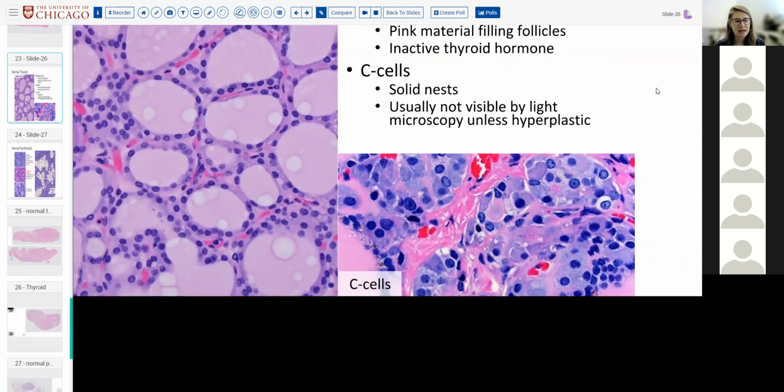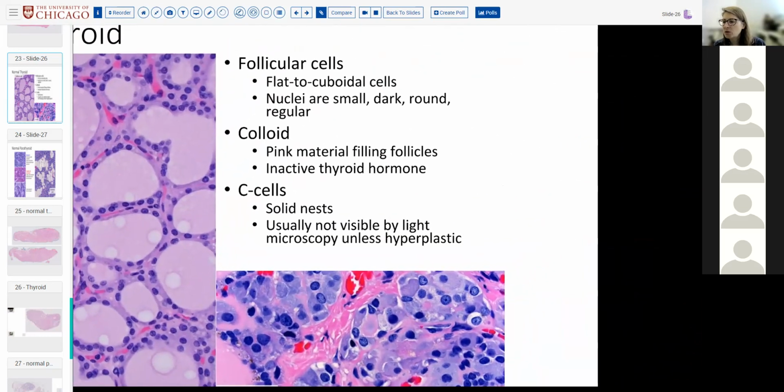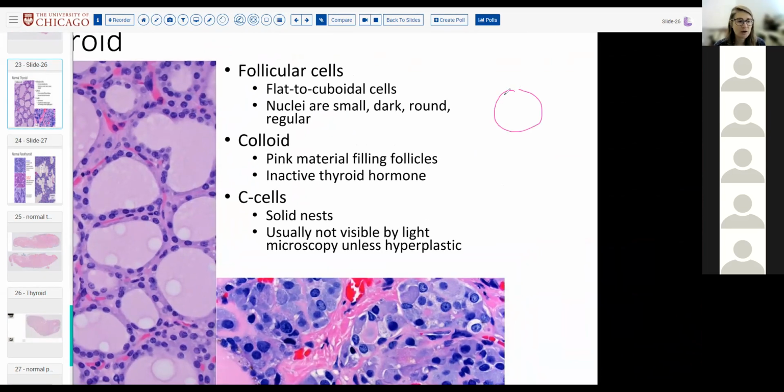All right, I'm going to draw something real quick. So sometimes you may see C cells, if you're lucky, present in a nice little cluster and you don't see any colloid or any follicles at all. But C cells can reside in the follicles and undermine the follicular epithelium. So sometimes you might see a thyroid follicle with your totally regular follicular cells, and then underneath them, you may see some foamy, fuzzy granular cells.